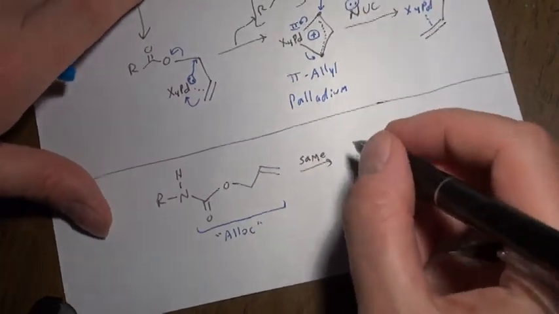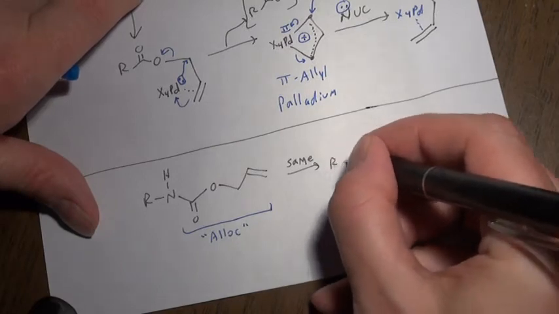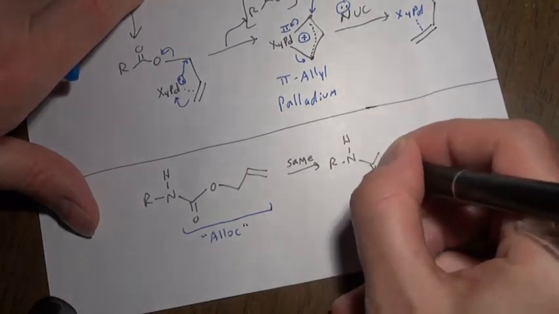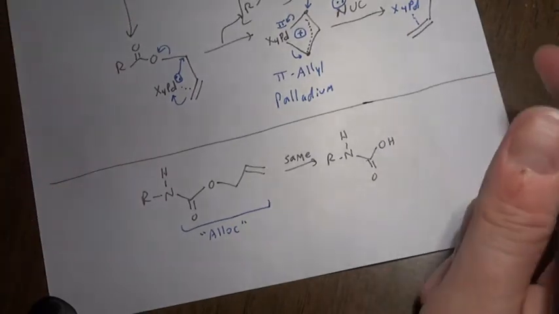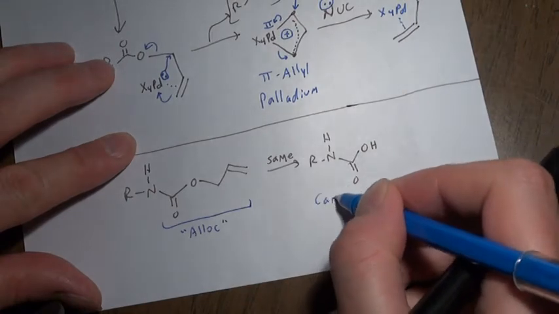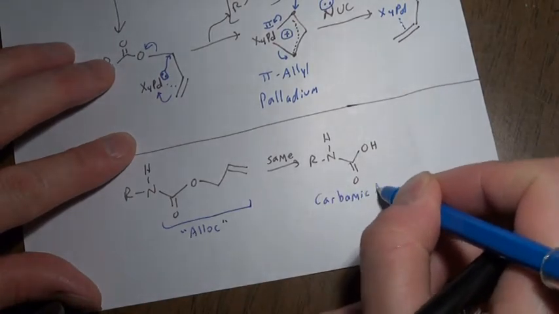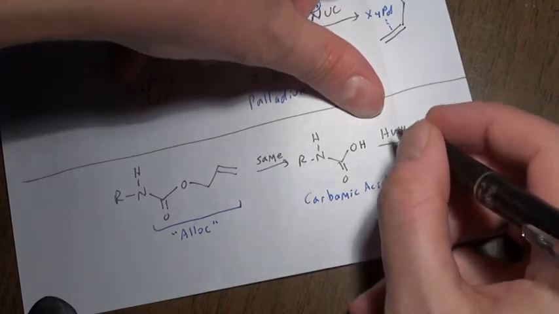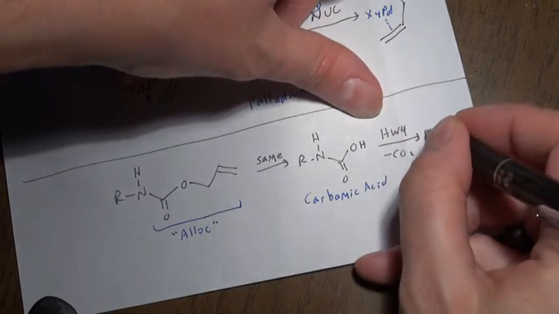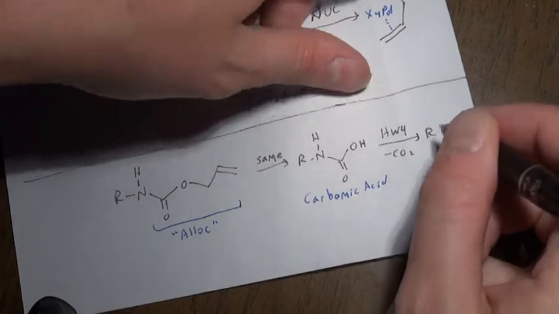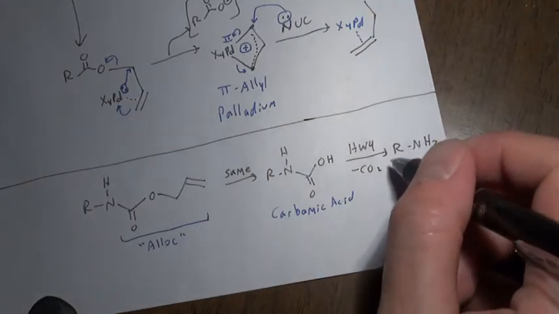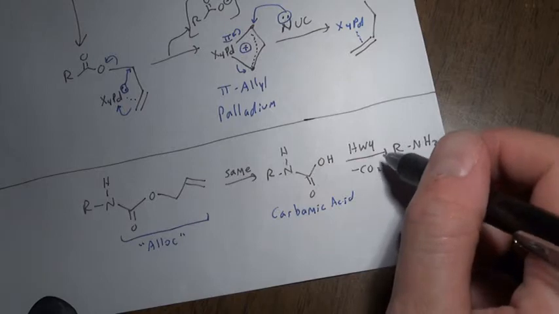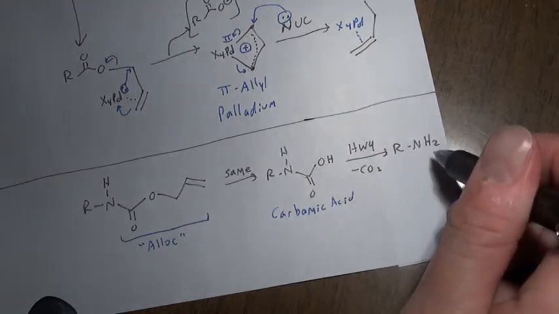But now you get this intermediate, which is called a carbamic acid. You have seen this before, and you did a mechanism on this in homework 4, and what happens is it loses CO2, and then you're left with an amine. I think in homework 4 it was a Boc group, and so you have to review your homework 4 to see how this happened. I think the key's even online.